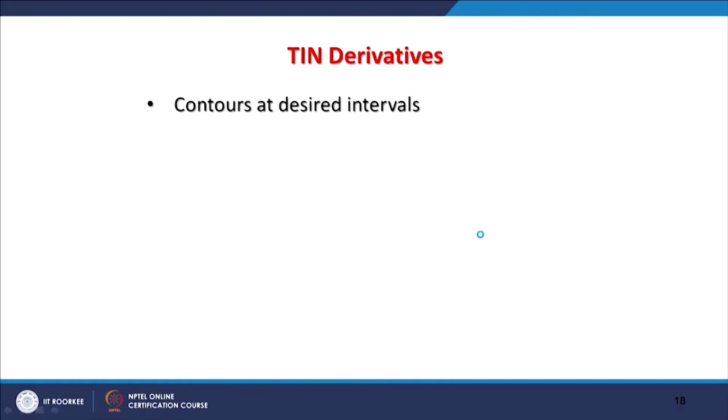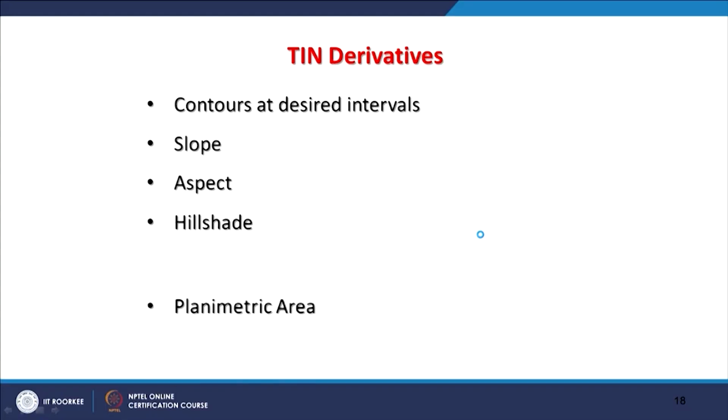Now, what are the TIN derivatives? What are the things which we can derive from a TIN? Of course, contours you can always derive, because after all a TIN is also formed using point data. Slope and aspect, these two derivatives of a surface, are simultaneously generated, and hillshade can also be generated using your TIN model.